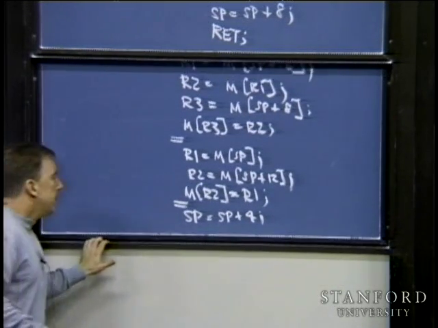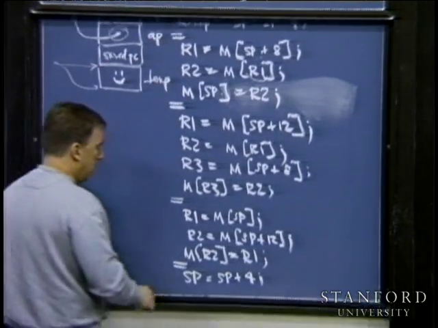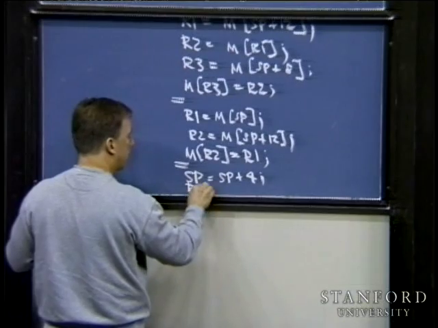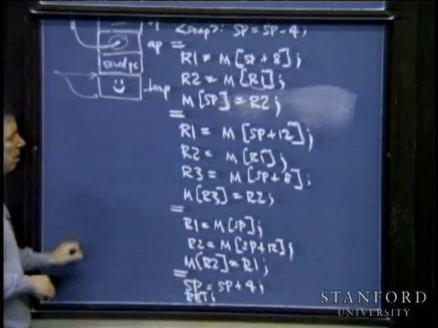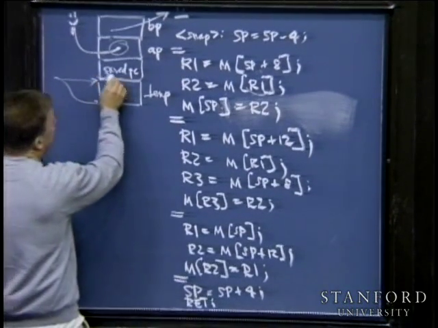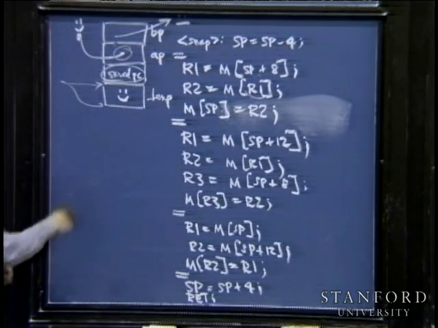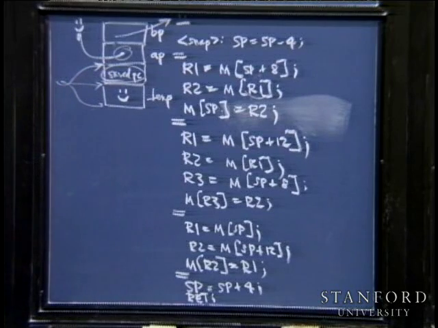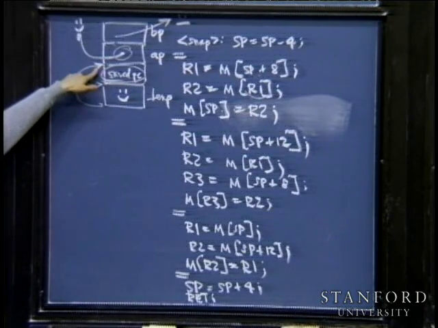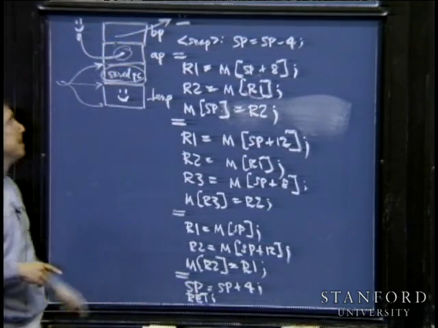That means that SP is now pointing to the saved PC, which is perfect because in response to this return instruction, return knows procedurally to pull that value out, place it into the real PC register, and simultaneously, or just after that, bring this back up to there. That's exactly where the SP pointer was pointing before that call statement. Does that make sense? Okay.